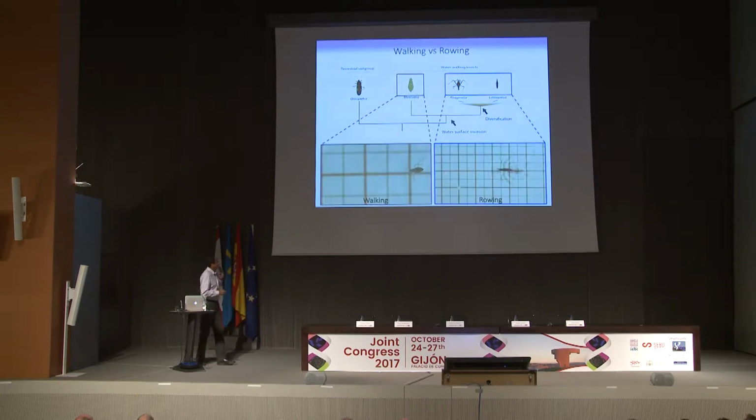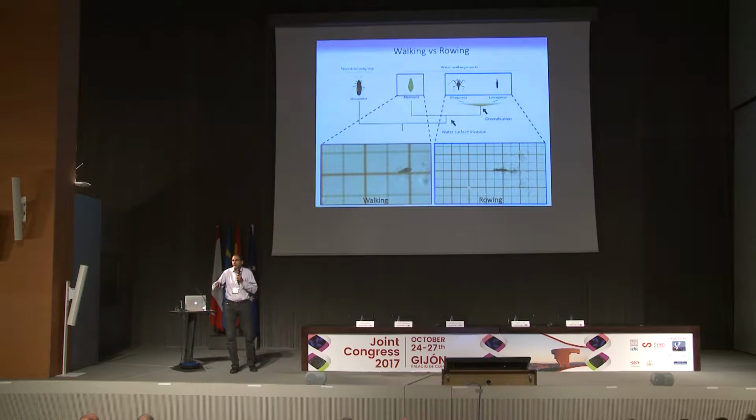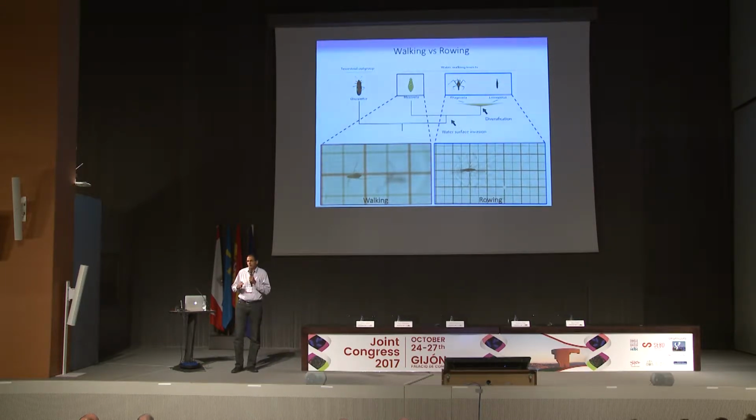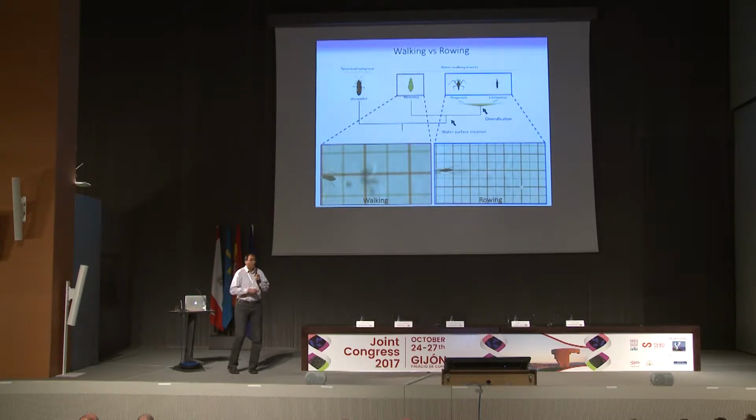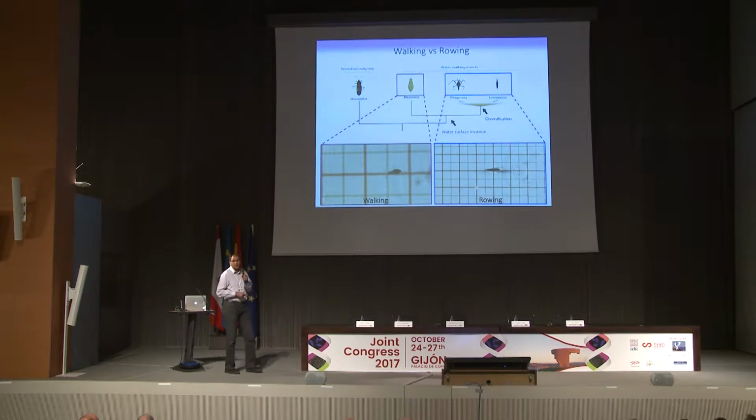If you look at the way of moving on the water, this green species is this one here. It basically moves on the water by walking, which is by alternating the movements of the legs, just like we do. Whereas this one here moves by rowing. These are two fundamentally different modes of locomotion that were enabled by the differences in body plan that evolved in these different lineages. This species here will generate movement only using the long middle legs, whereas this one here will use all the legs to move.